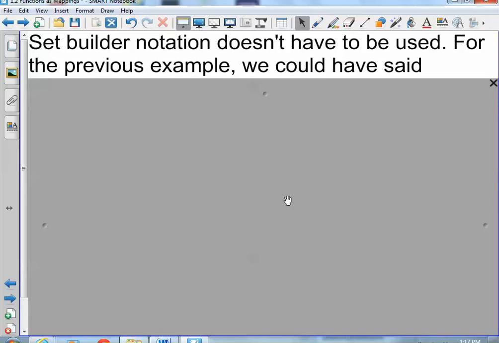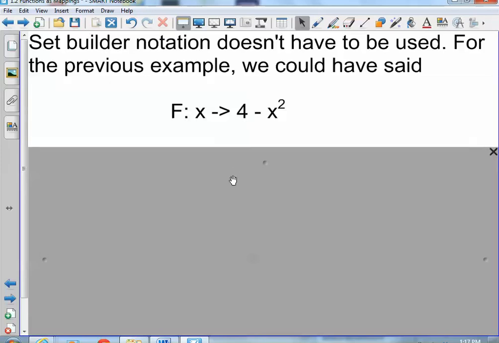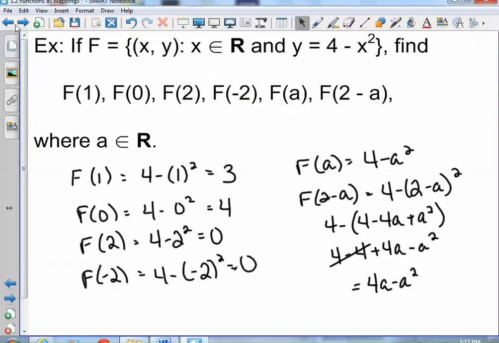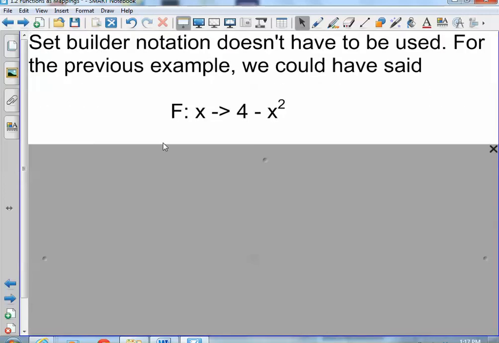So we don't always have to use set builder notation. There's another notation that's sometimes used. So on the previous example, I used set builder notation. I told you my function was the set of all the ordered pairs x, y, where x could be anything, but y was 4 minus x squared. The other way to write this is as a mapping.